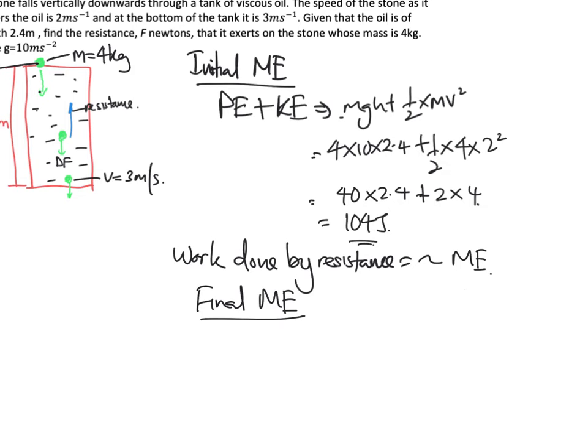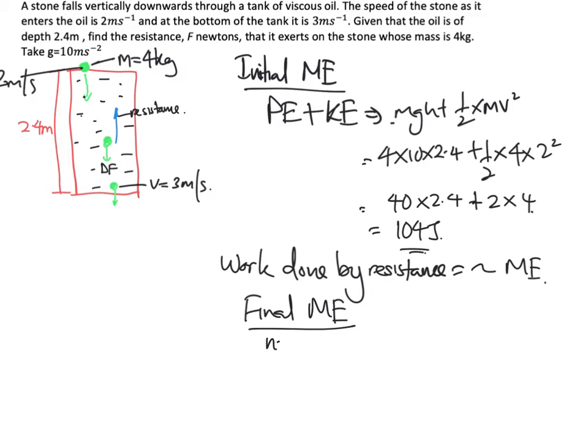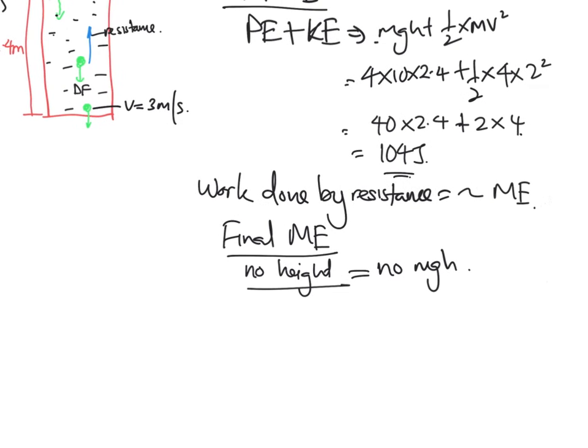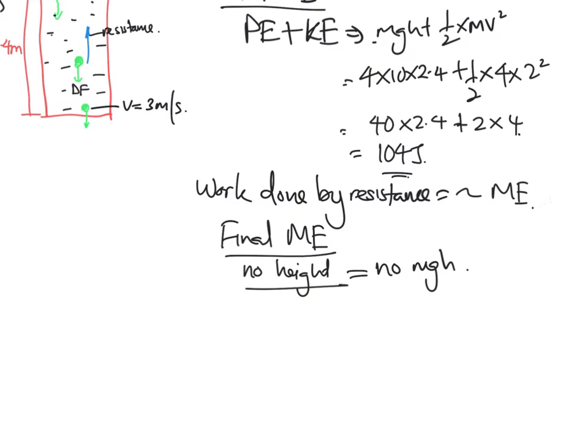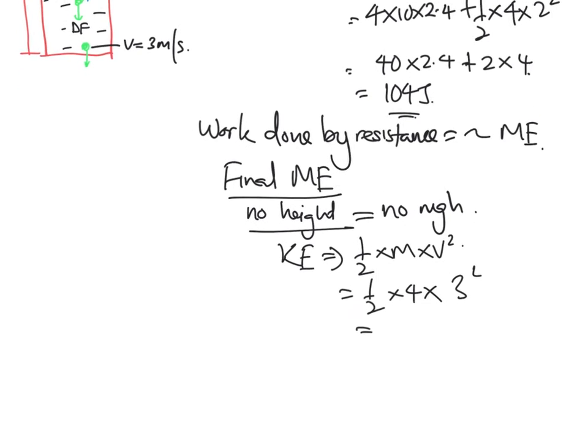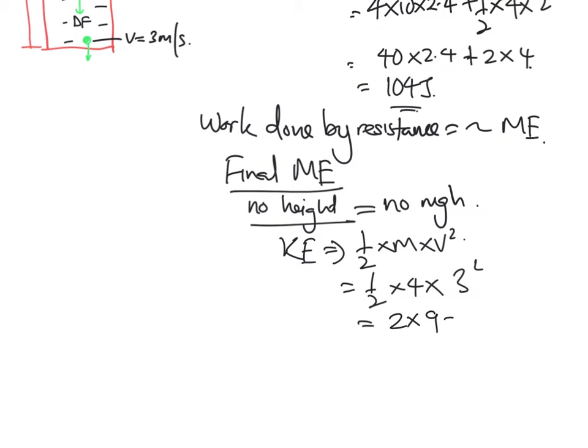At final ME, there's no height, so no mgh, which is no PE. No potential energy involved. What's left is just kinetic energy. So let's find the kinetic energy: half times mv squared. Over here we have half times 4 times 3 squared, and the answer is 2 times 9, which is 18 joule.